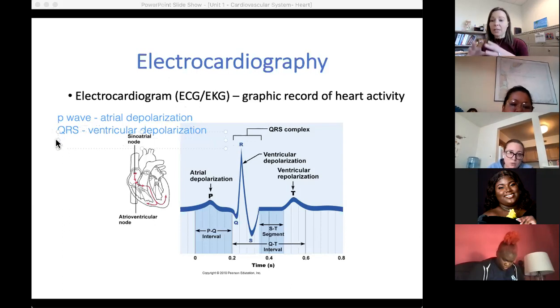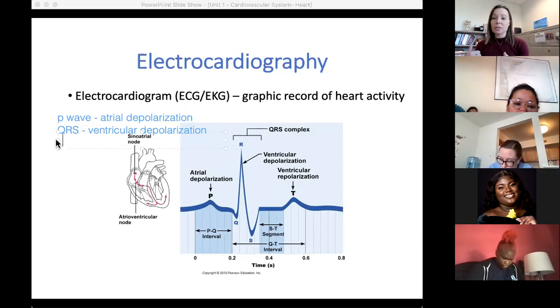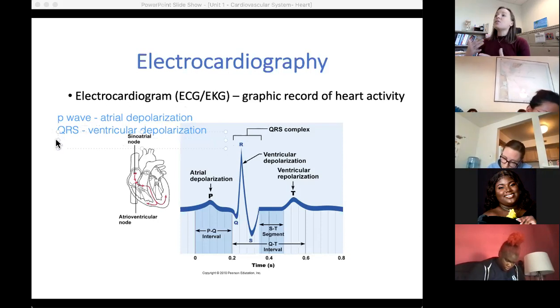So now you have the action potential that's started in the atria, and the atria then contracted. Now it just spreads down to the ventricles. So now you have depolarization. That's just the first part of the action potential in the ventricles. So right after that, and this is in your outline already, right after that, the ventricles are going to contract.